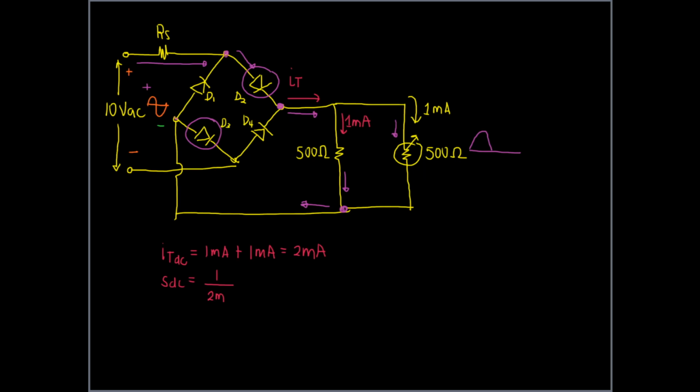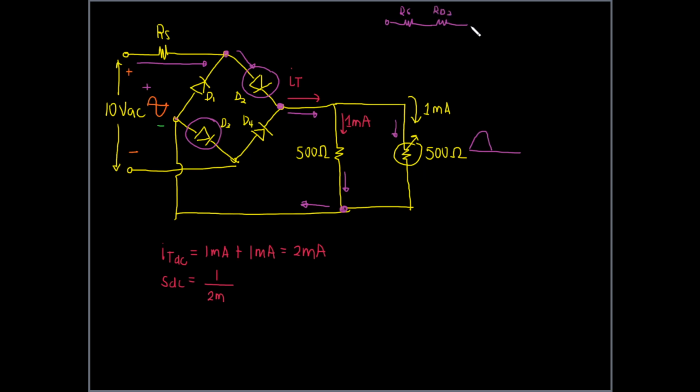So for the positive half cycle, we could probably redraw if necessary. Yes, I would choose to redraw so that you can see. So this is Rs. So it passed through the forward bias resistance of diode 2.